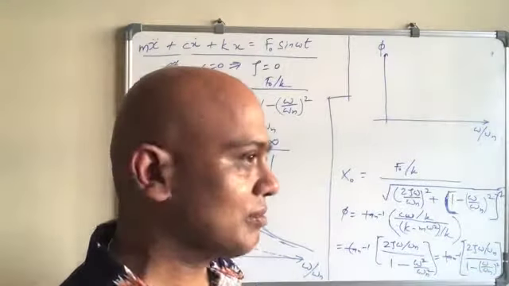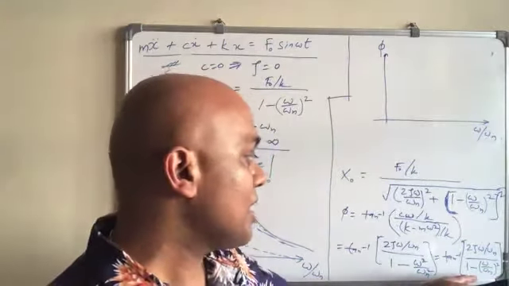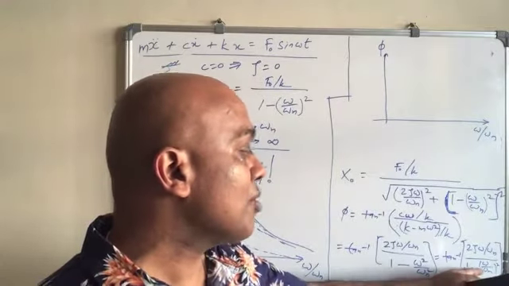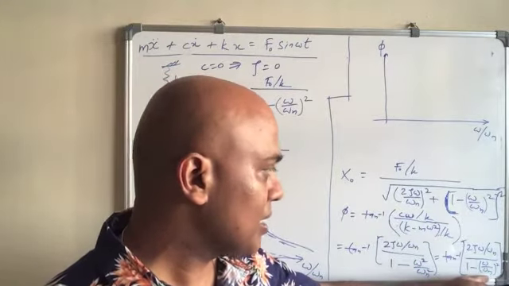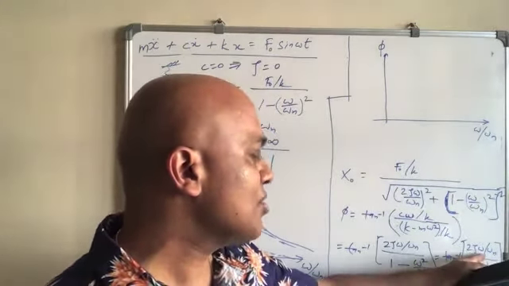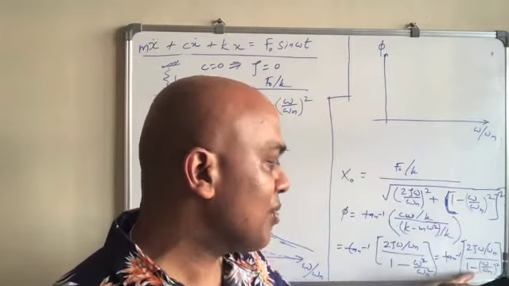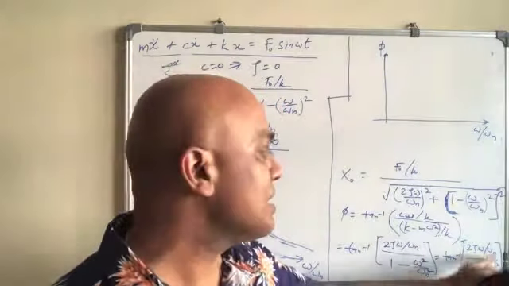Now when omega equal to omega n, then 1 minus omega n over omega n makes it 1 minus 1, which becomes 0, hence infinity.